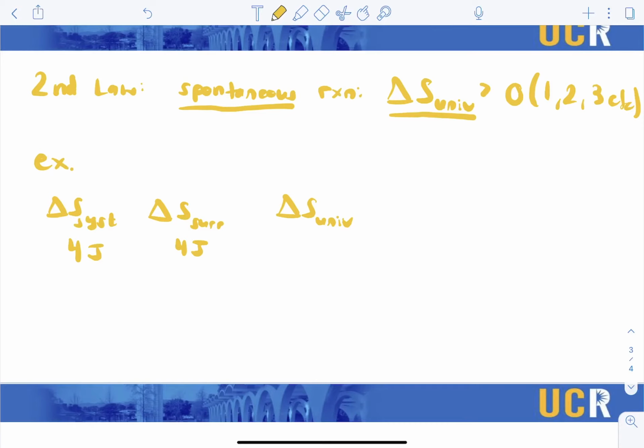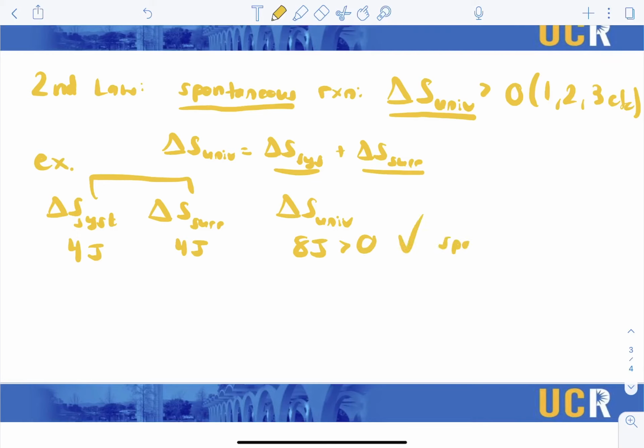There's a key formula to keep in mind when dealing with these problems: delta S universe is always equal to delta S system plus delta S surroundings. Let's plug these values into the formula. You're just adding them up. If I add the system plus the surroundings, I get a total of 8 joules. Is this value greater than 0? Yes, it is. So this is going to be spontaneous.